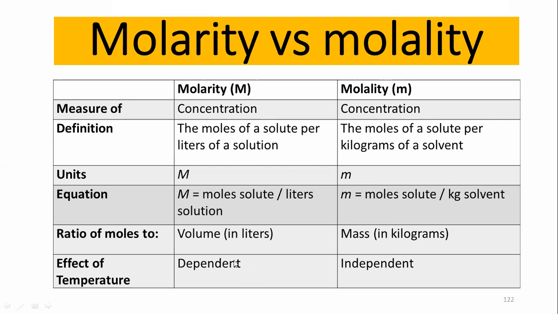So if you are working in a temperature variation atmosphere, then it is better to use the molality. Each time there is variation in the concentration with a rise or decrease in temperature. But the molality is temperature independent.